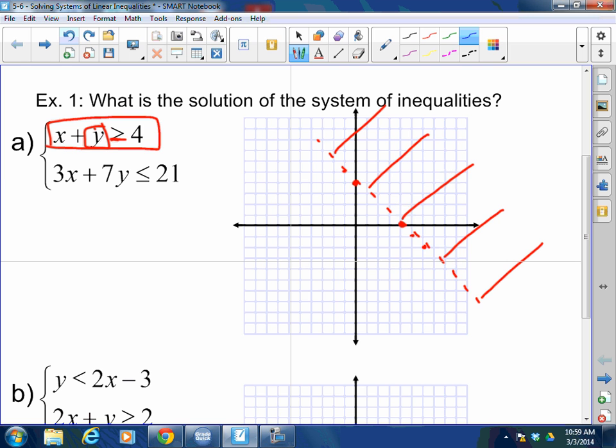Now, what's my x-intercept for this one? 7, 0. 1, 2, 3, 4, 5, 6, 7. What's my y-intercept? 0, 3. 1, 2, 3. Is this one going to be dashed or solid? Solid. Am I going to shade above or below?